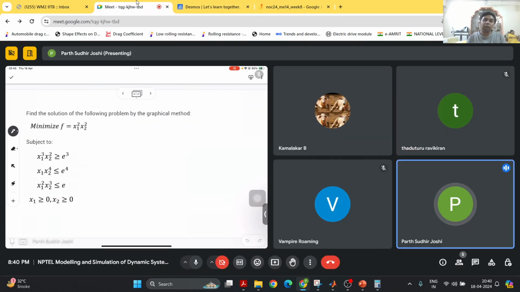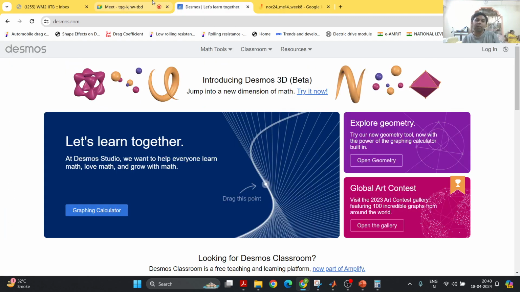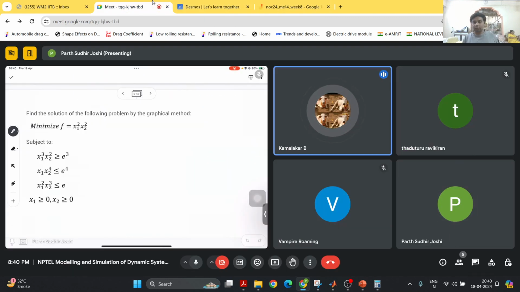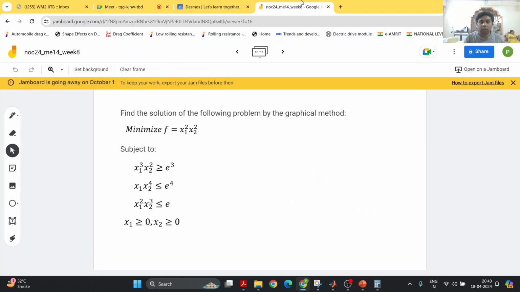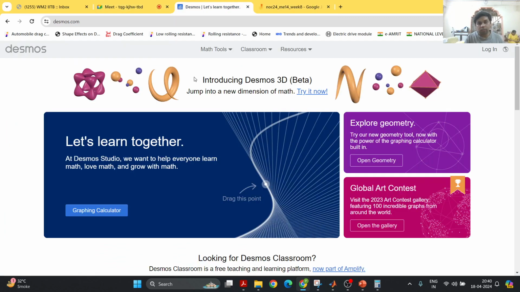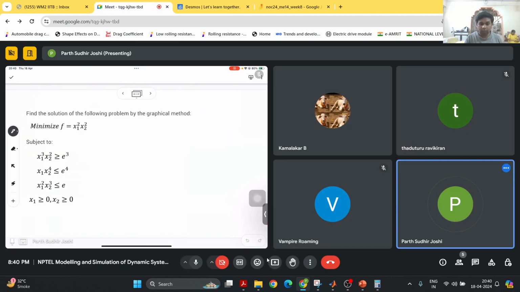Or else if you are able to share your screen, we can... No, I can actually tell you. If you can open the Desmos screen, I will just show you. Go to www.desmos.com. It's very easy.